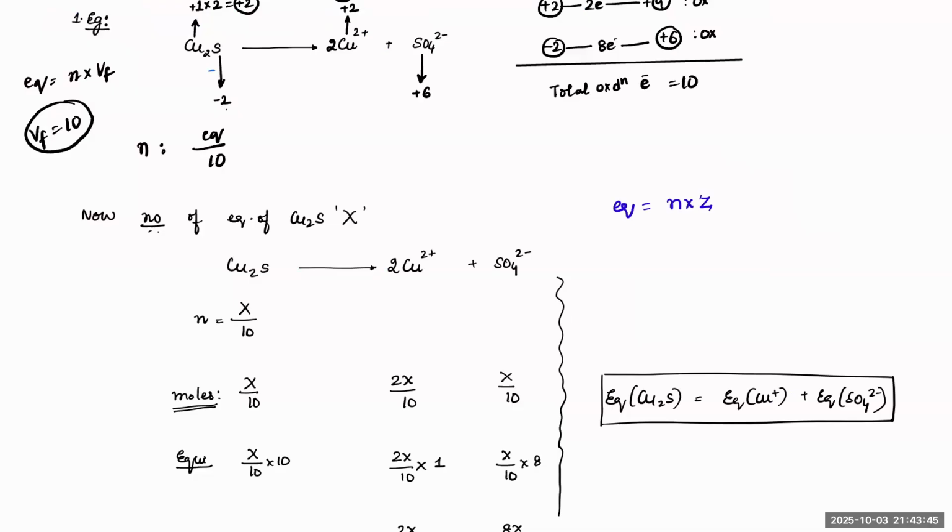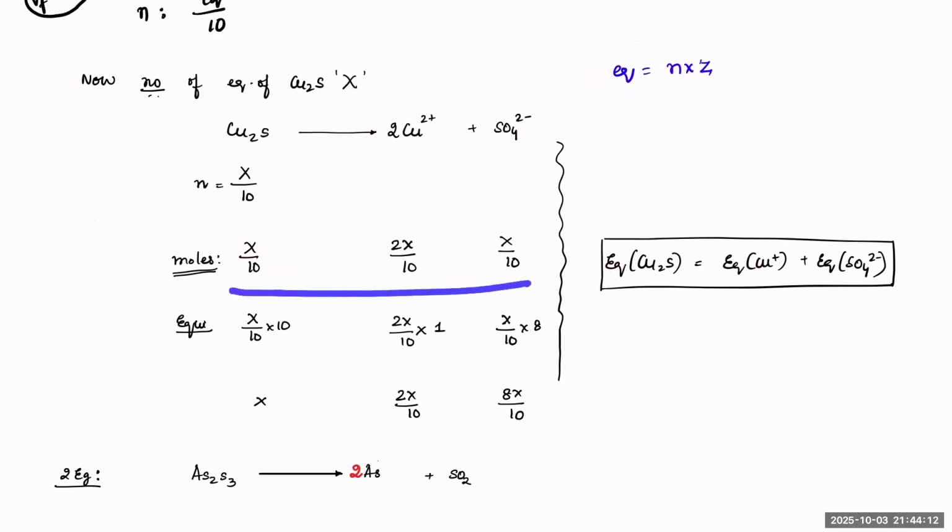Now notice, if this is X by 10, based on the balanced equation, how many moles of copper 2 plus are formed here? It should be 2 times of that. How many sulfate should be formed here? It should be the same, X by 10 times. So these are the numbers of moles, correct?